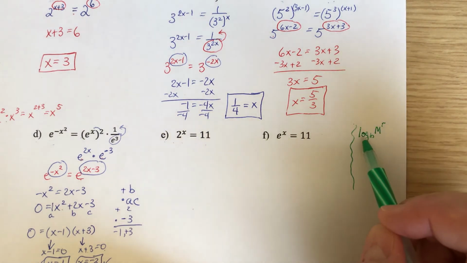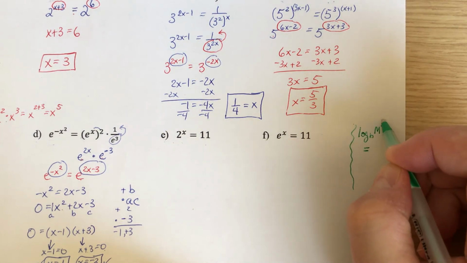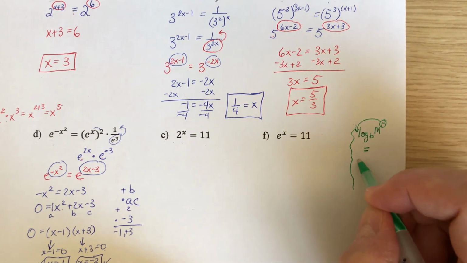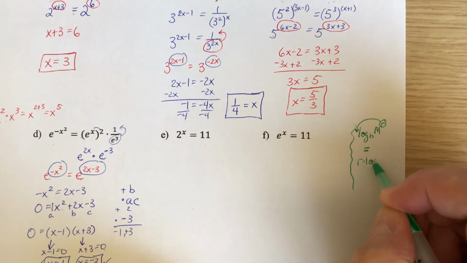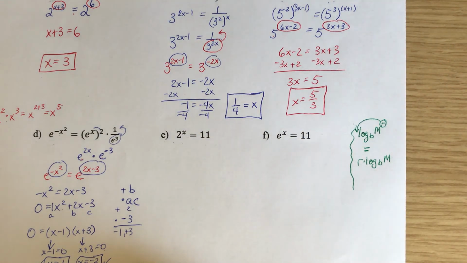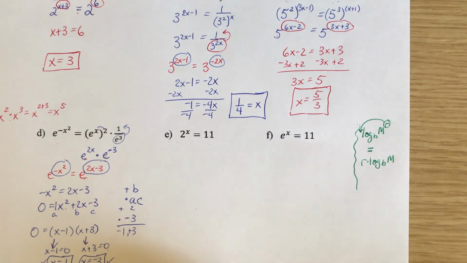Well, when you have a logarithm, this exponent, you can actually move it out front, and that's r times the log base b of m. You're allowed to do that. Now there's a proof for that. I'm not going to put the proof here, but that's something that you can ask about in class that we can take a look at.